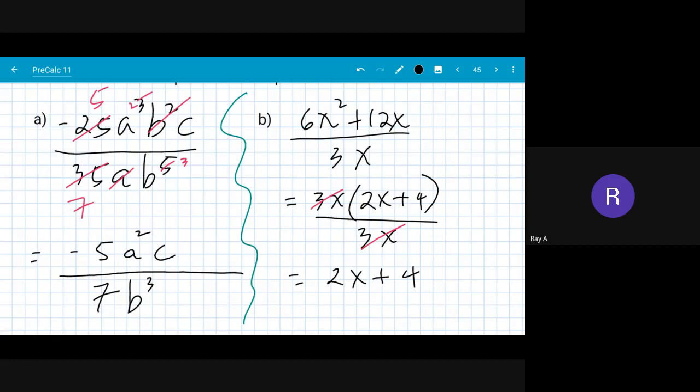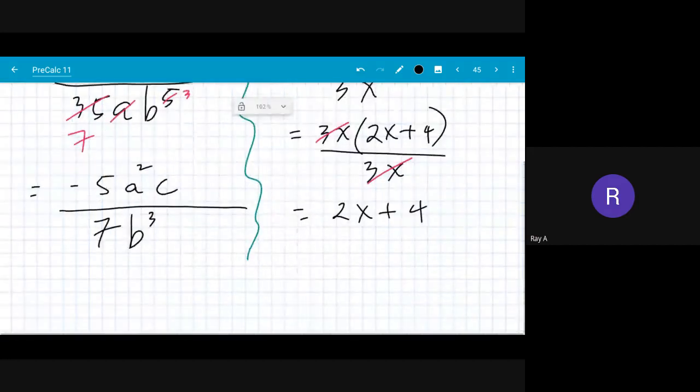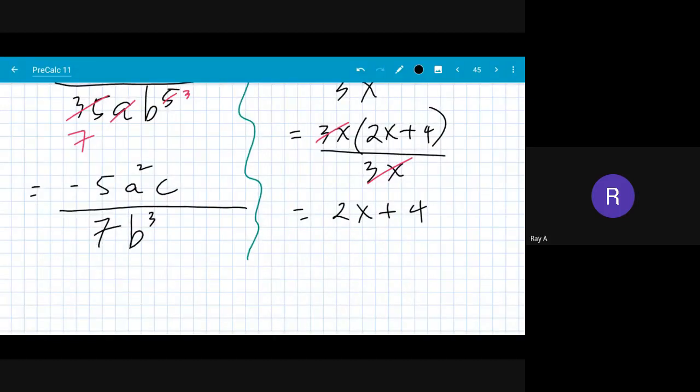Now, in the answer key, it says, oh, by the way, sorry. The non-permissible values for the first one is a is not equal to 0. Now, if you're thinking, wait a minute, why is it that a cannot be equal to 0 when in the answer here, a is in the numerator?